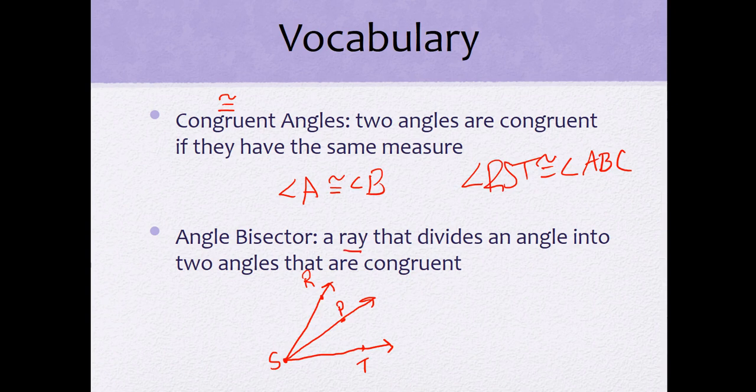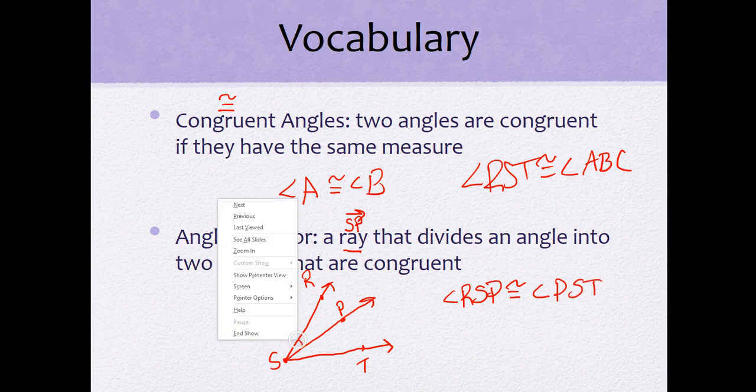It's a ray, in this case SP, because it starts at S and goes towards P, that divides these two. So angle RSP is congruent to angle PST. You show angles are congruent by putting marks, like one arc on each part shows that those are equal. If I had one arc on one and two on the other, then they wouldn't be equal because they didn't have the same amount of arcs.